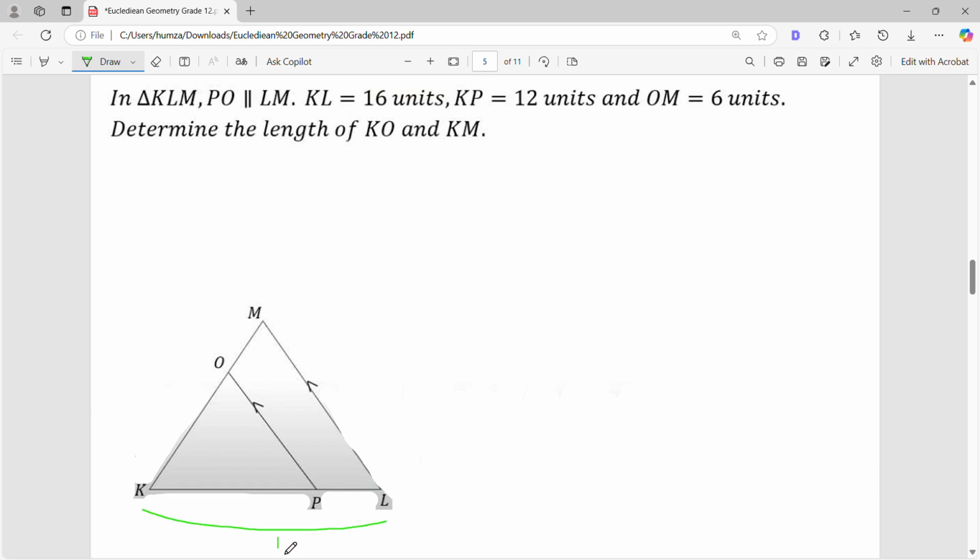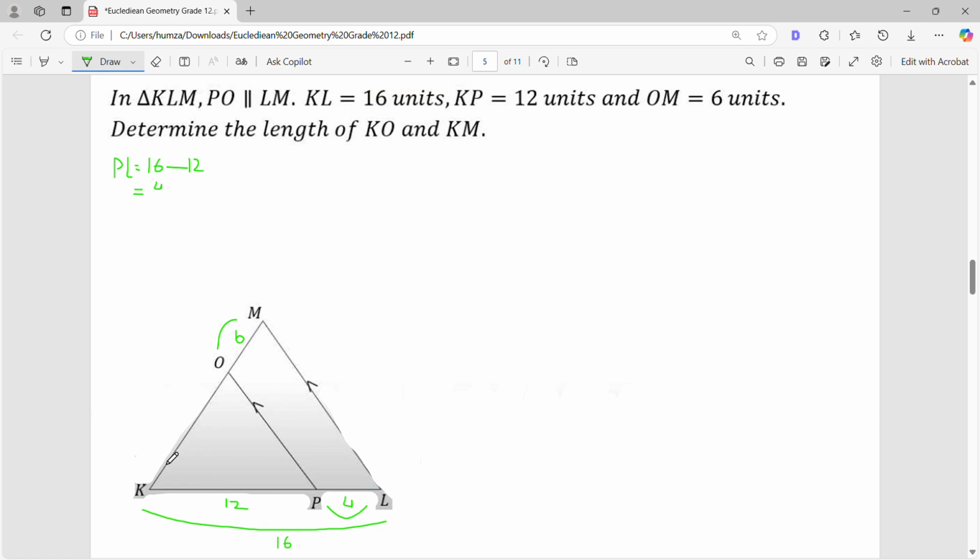So this is 16 and this is 12. Now we can say that PL is equal to 16 minus 12, and this is equal to 4. OM is also given as 6, and PL we calculated as 4.